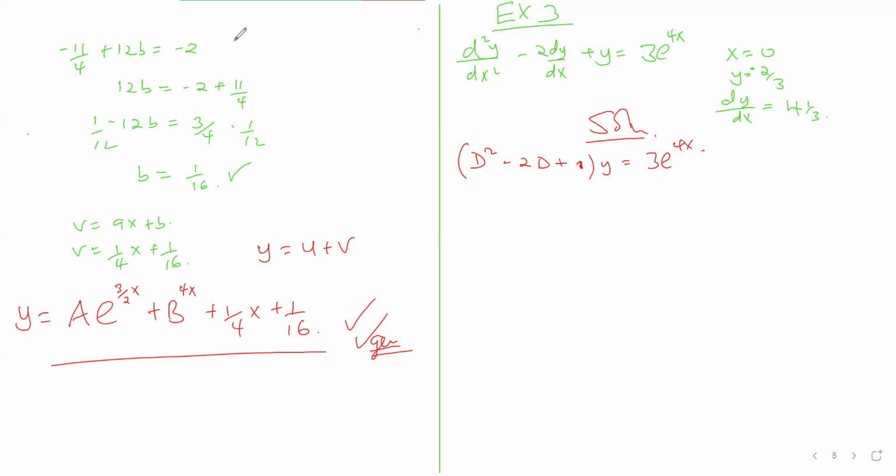Then we go to the next step: replace or substitute m for d. Now we have m squared minus 2m plus 1 equals 0.